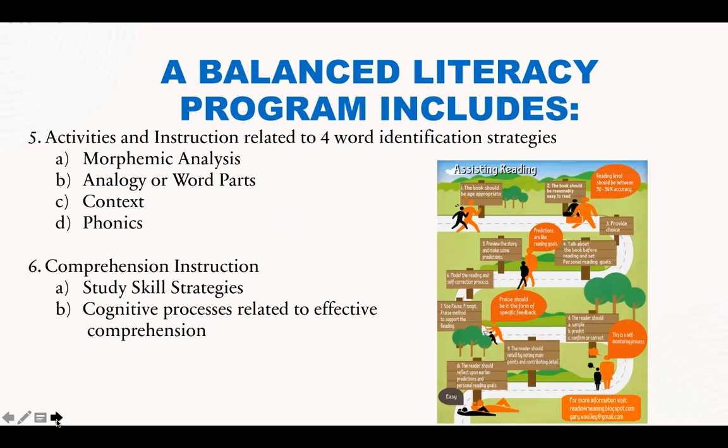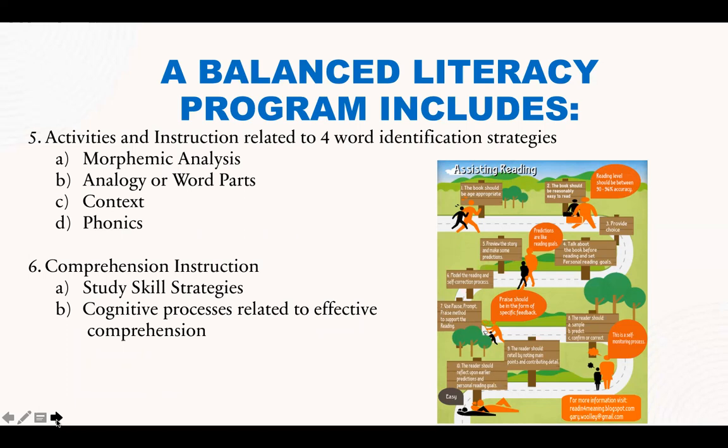Word recognition, I recognize that word automatically, is different from word identification. Word identification strategies: oh, I see that word, I do not recognize it. It is not in my lexicon, which is the dictionary in my head. I must have some strategies so that I can learn that word.